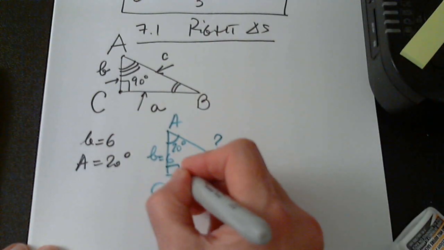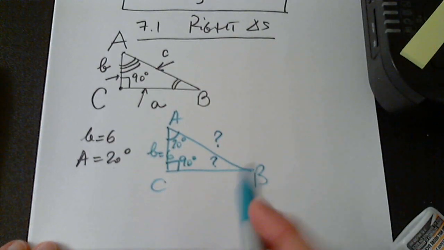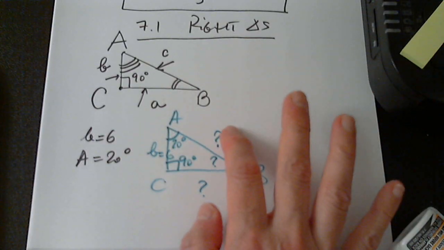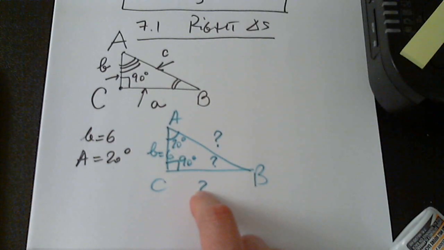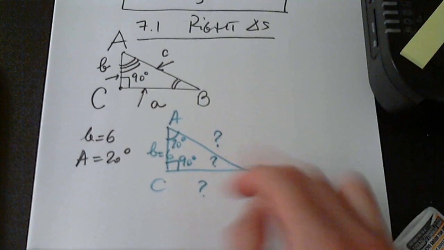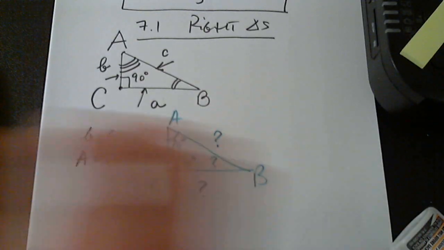We know that this is 90 degrees. We do not have angle B, and we do not have the opposite leg. So the hypotenuse has to be determined, the leg has to be determined, and the angle in between these two, the hypotenuse and this leg, which is angle B.